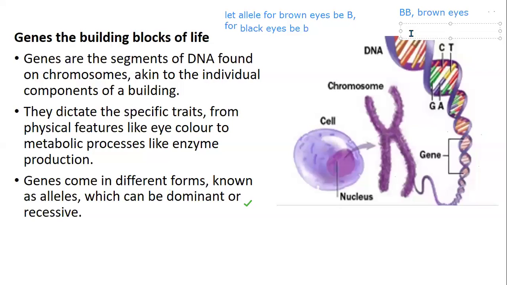So capital B small b, capital B small b, this will be brown eyes. However, if we have small b, small b, then this will be black eyes. So the blackness of the eyes is what we see, and the brownness of the eyes is what we see outwardly. That's the phenotype.